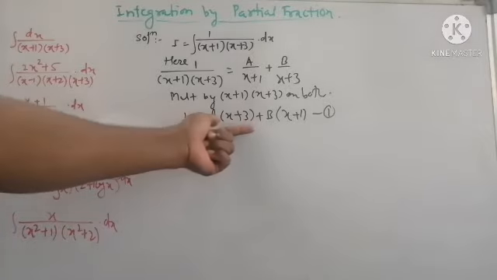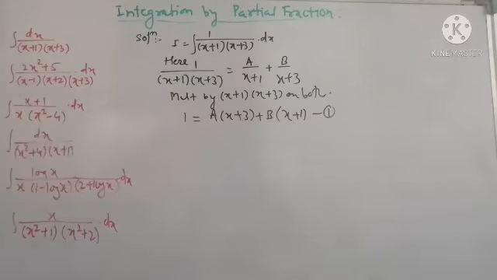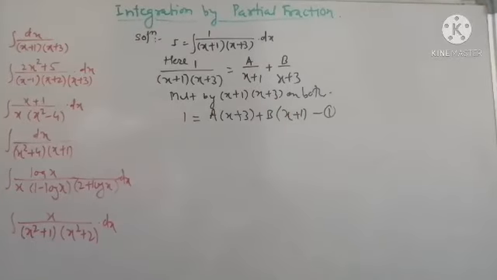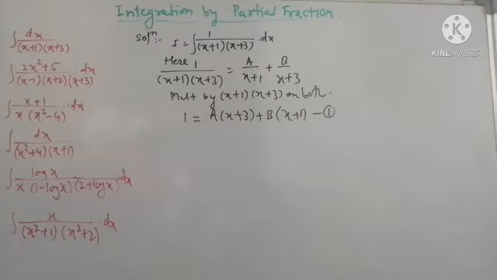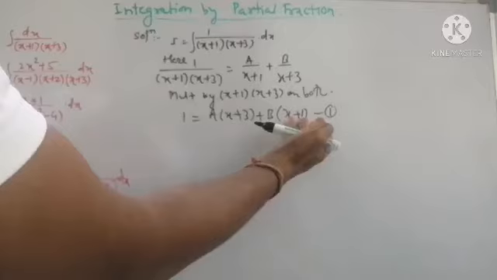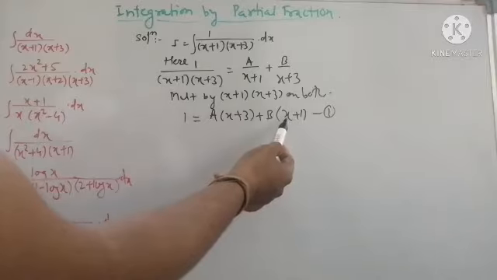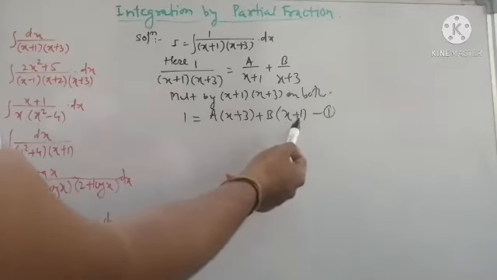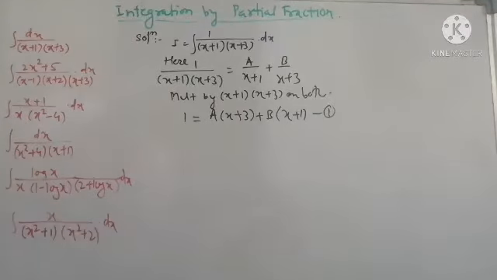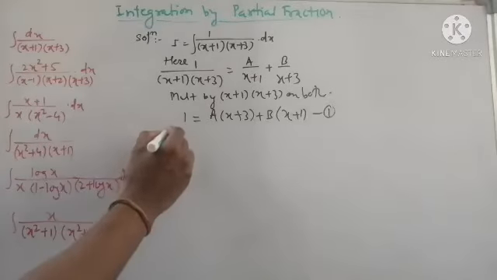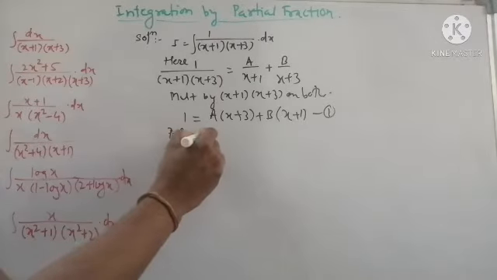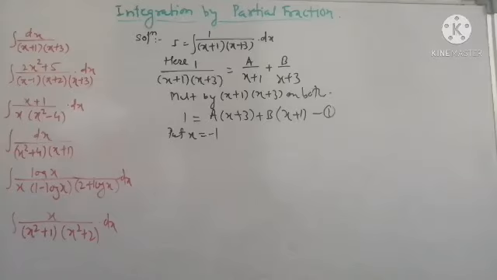To find the value of A, we take a value of x such that the term of B gets cancelled or becomes 0. For that we know x is unknown, having a number of different values. For x equal to minus 1, this bracket will be 0. That means the term of B will be eliminated. So put x equal to minus 1 in equation number 1.